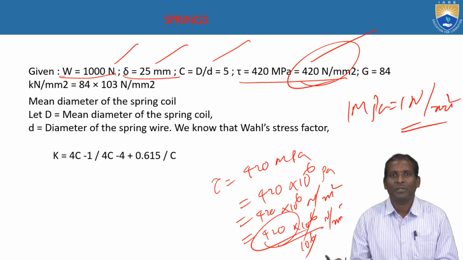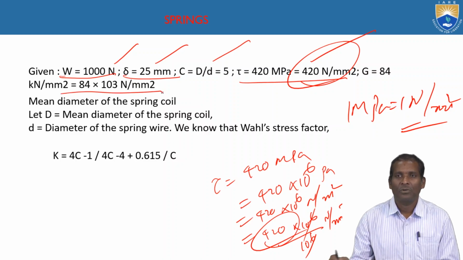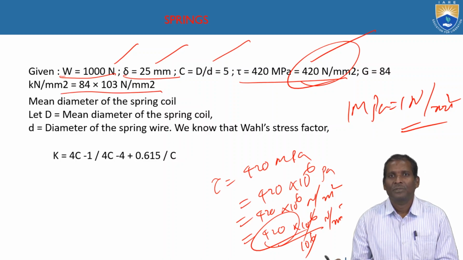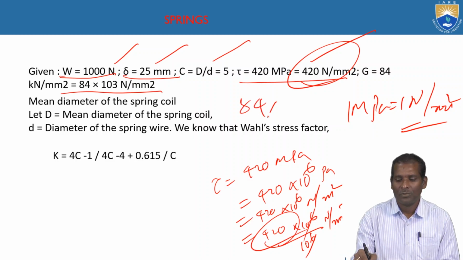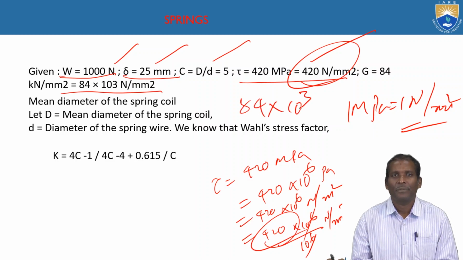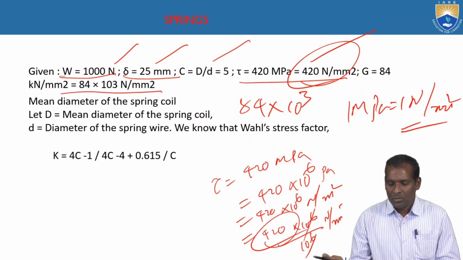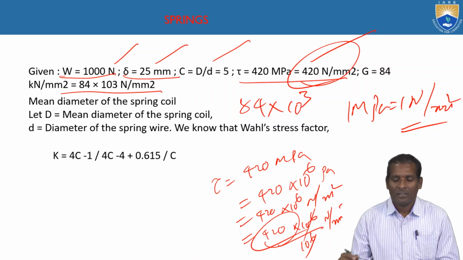Next is G, the modulus of rigidity. G is 84 kilonewton per mm square. Convert into Newton per mm square: 84 into 10 to the power of 3 kilonewton becomes 84 into 10 to the power of 9 Newton per meter square, and converting into mm square, you will get 84 into 10 to the power of 3. The mean coil diameter of the spring coil, D, is not given.